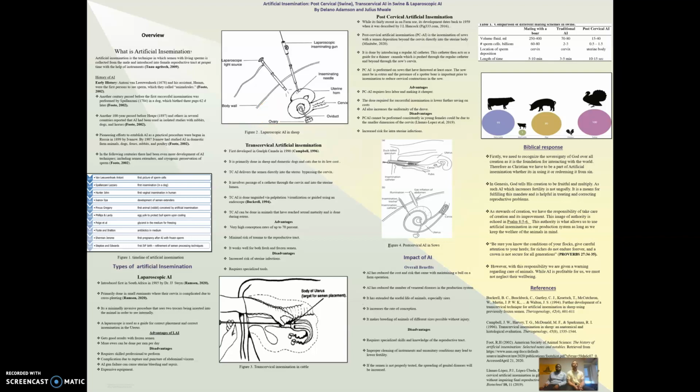Small ruminants are known to have an interpleating cervix, which makes it difficult to practice traditional AI methods on them. This is a minimally invasive procedure, and it uses two trocars being inserted inside the animal in order to see internally and maneuver your way into the uterus.